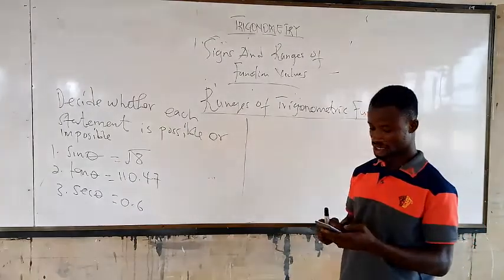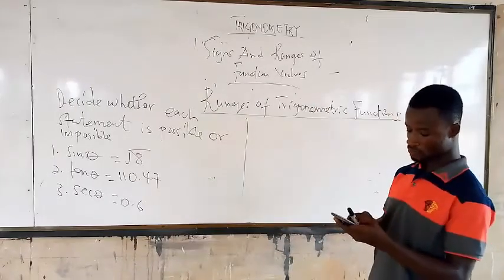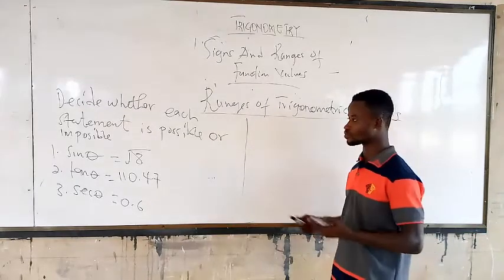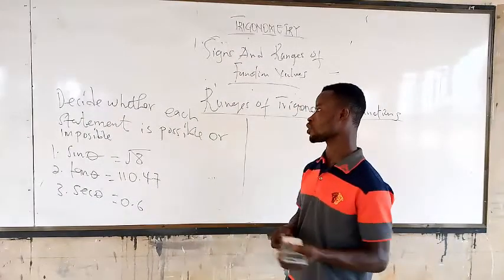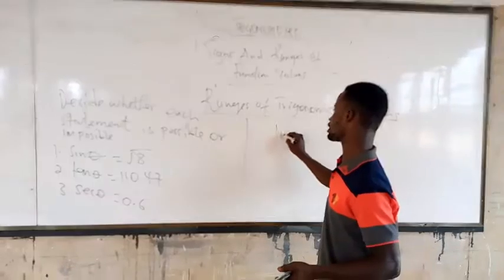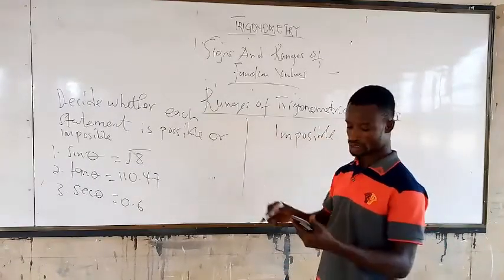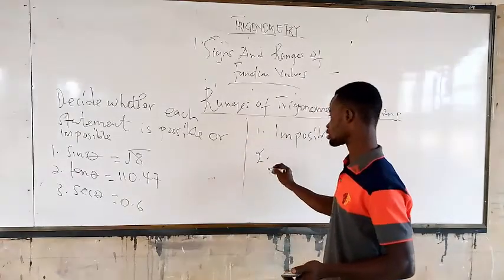You can see that square root of 8 gives 2.8 something. Is that going to be possible under the range of sine theta? This is purely impossible, because that gives 2.8 something. So the first one is impossible.